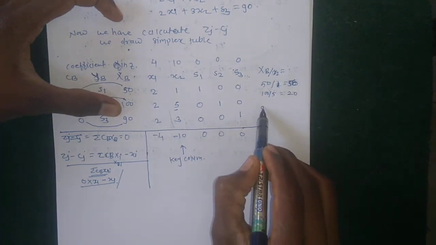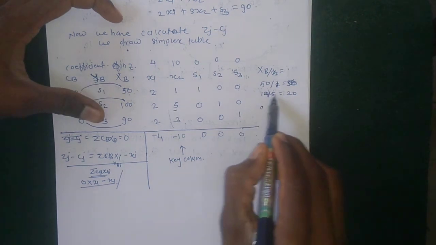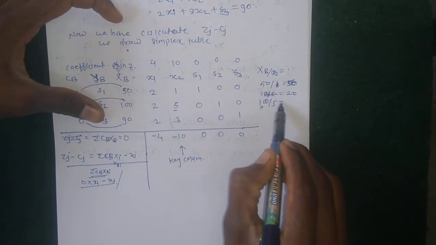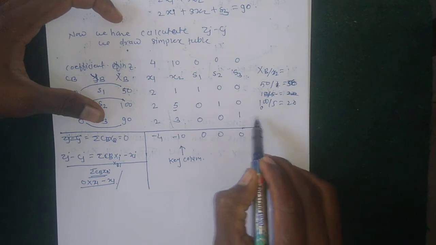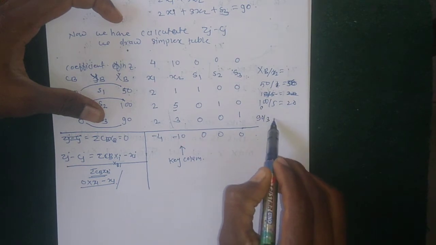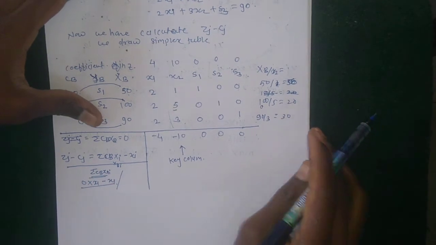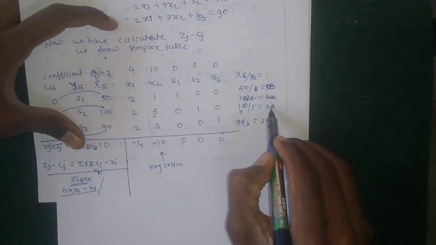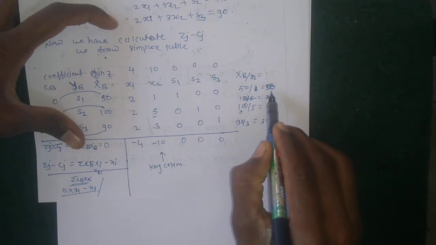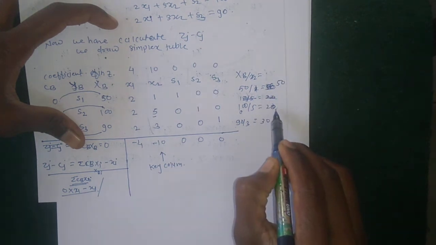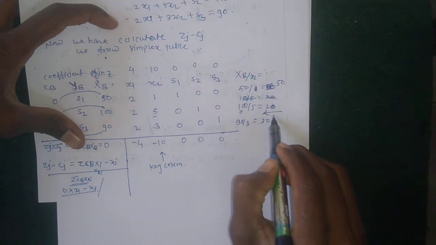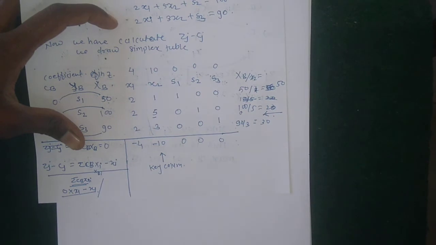For the third row, 90 divided by 3 is 30. So we choose the smallest positive number among 50, 20, 30, which is 20.